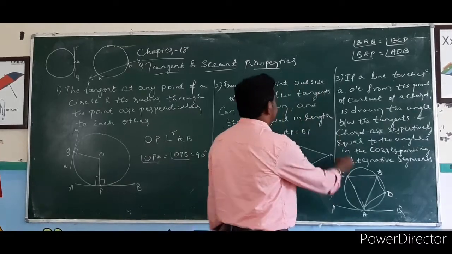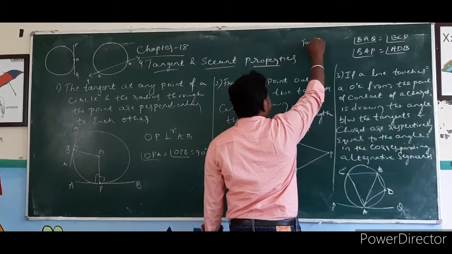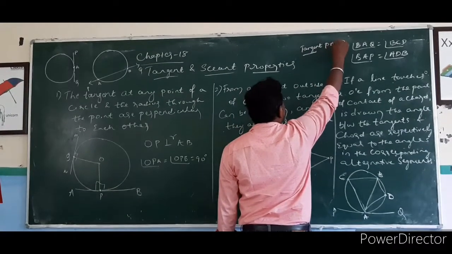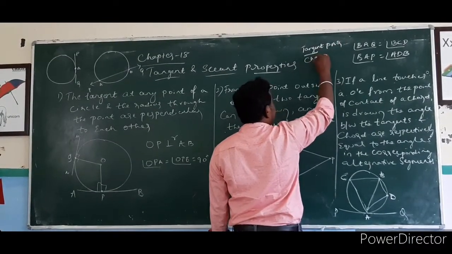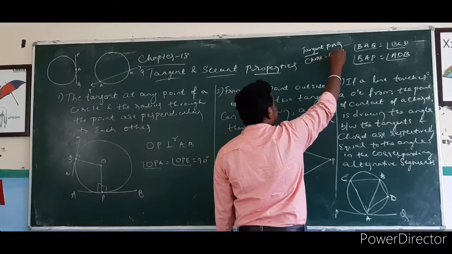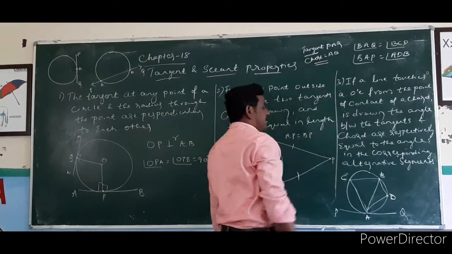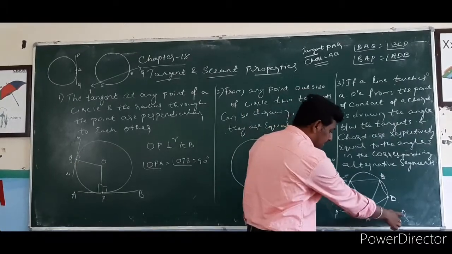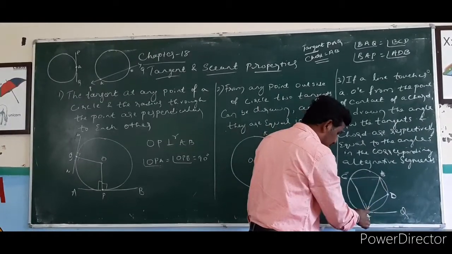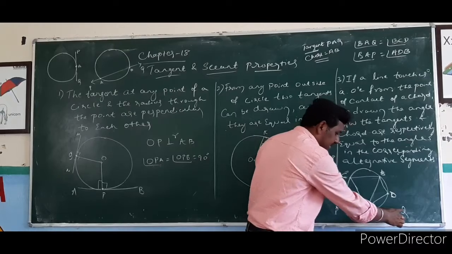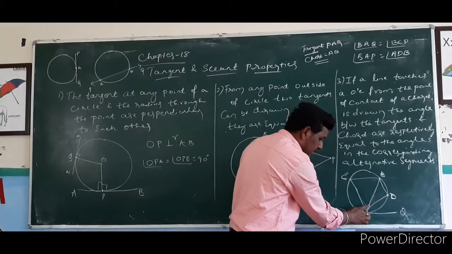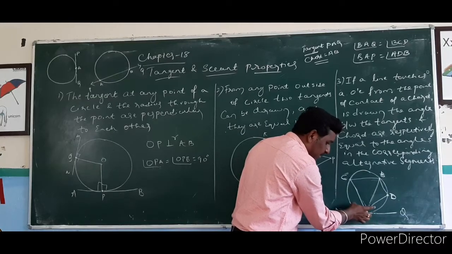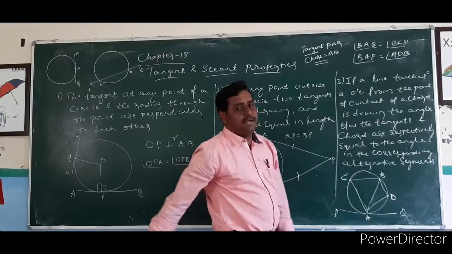Which is the tangent here? PAQ is the tangent, and AB is the chord. According to this statement, the angle between the tangent and chord is equal to the alternate segment angle.